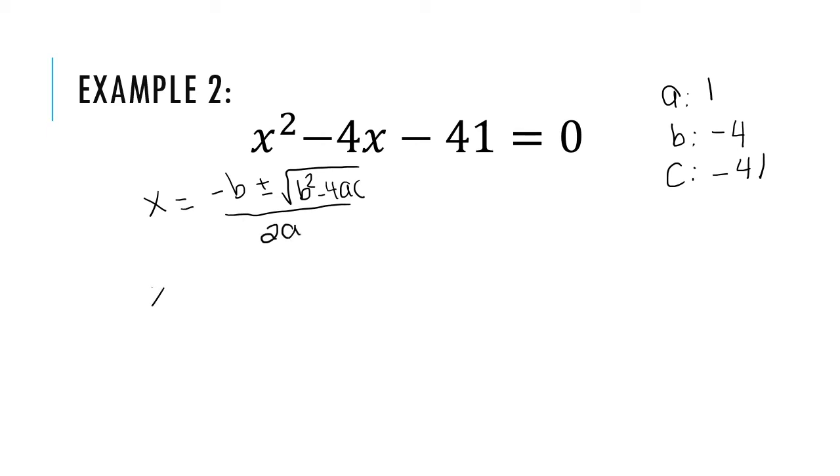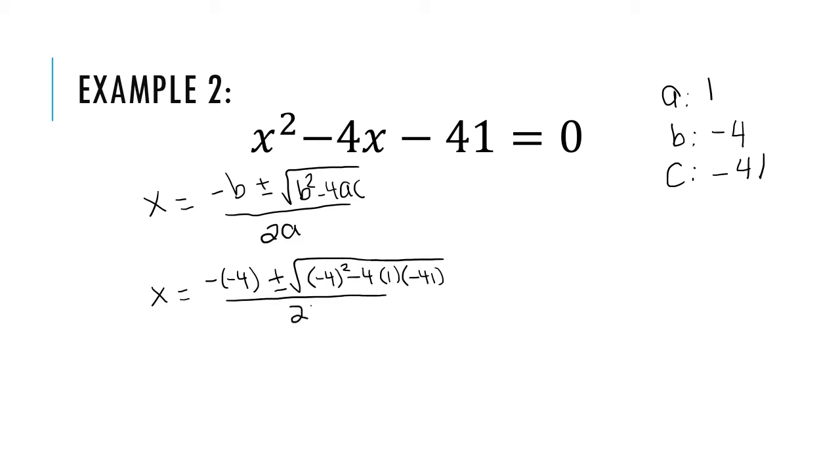I'm going to substitute the values of a, b, and c in the quadratic formula now. So I have negative negative 4 plus or minus radical negative 4 squared minus 4 times 1 times negative 41, divided by 2 times 1.